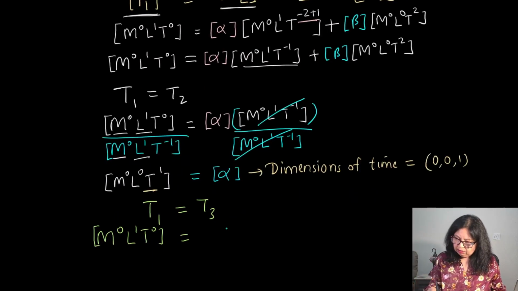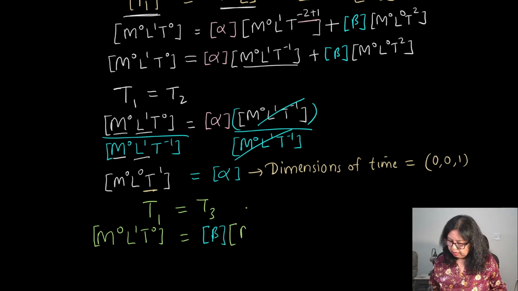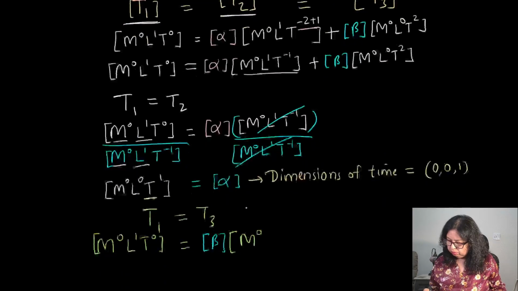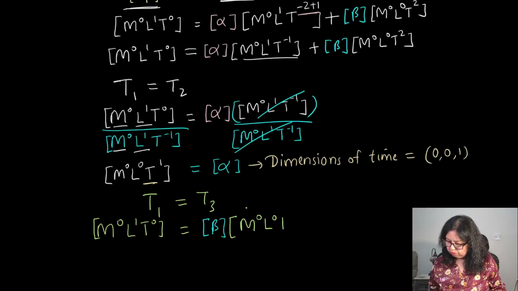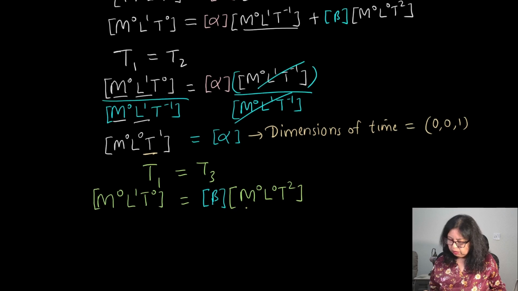So this gives us beta times M0, L0, T2. Now to isolate beta, divide both sides of this equation by M0, L0, T2.